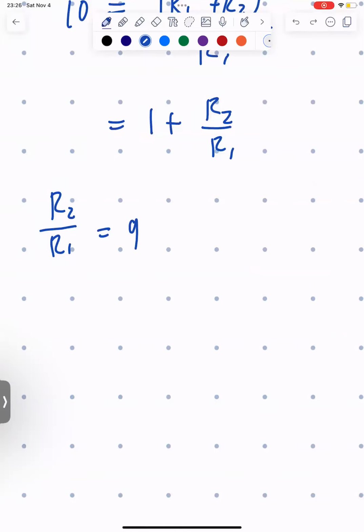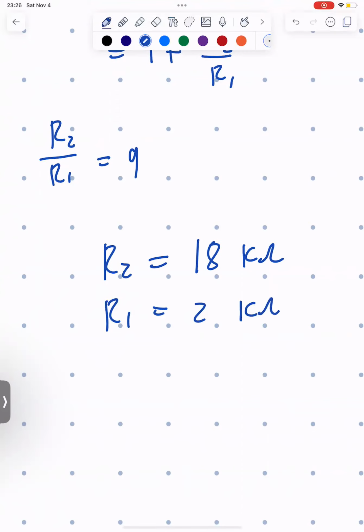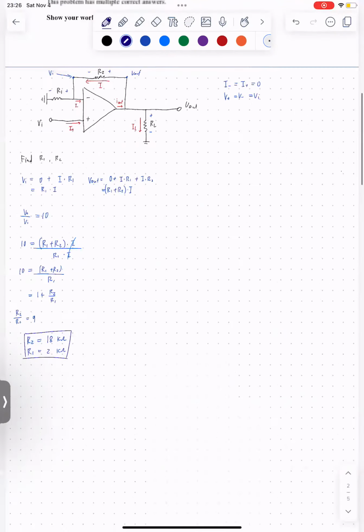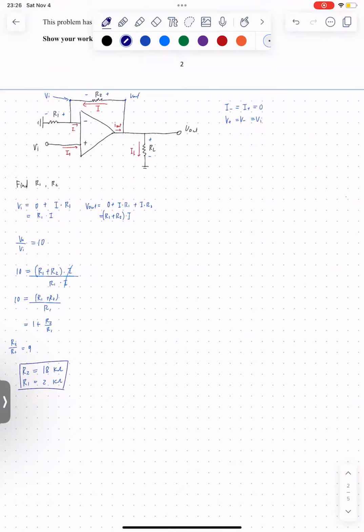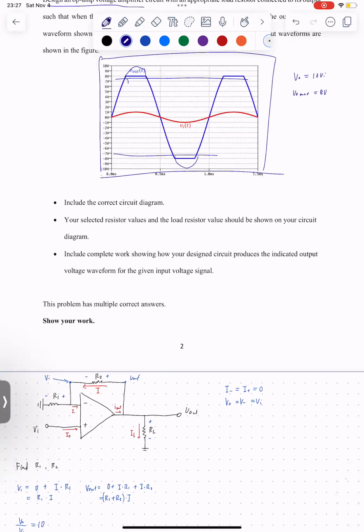In our case, let's pick a number: let's say R2 equals 18 kilo ohms, and R1 equals 2 kilo ohms. In this case, if we put it here, it equals 9, so it satisfies the equation. If you were to design R1 and R2 with these values, it would multiply the input voltage by 10.